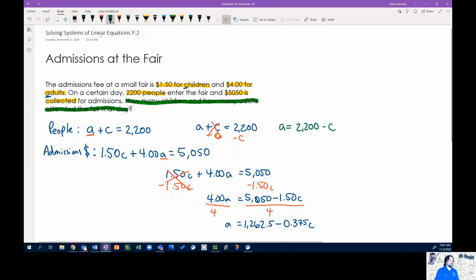So our second equation is A equals 1,262.5 minus 0.375C. This is our system of linear equations.